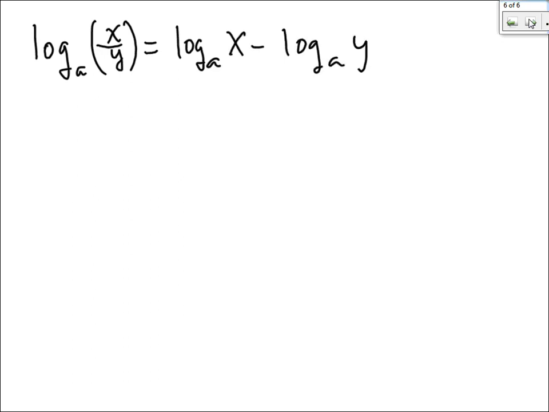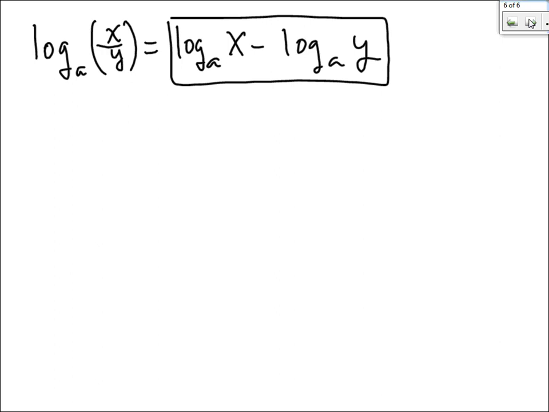Suppose we have log base a of x over y. I want to show that this is log x minus log y. As long as all the bases are the same, we don't even have to really say the base. So I'm going to start with this, and I'm going to show that it equals that.